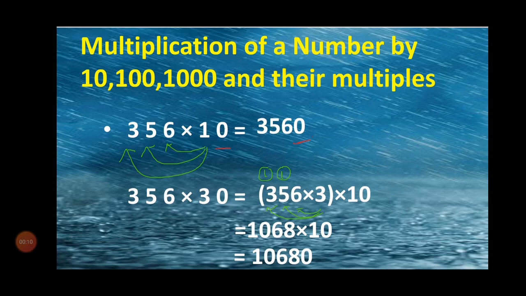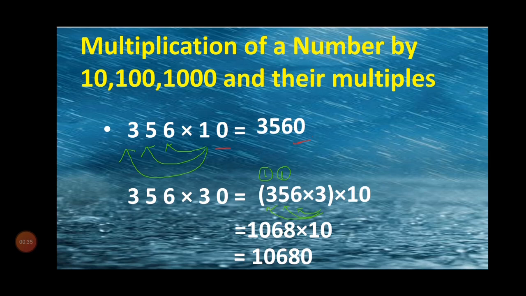Here 356 into 10 is given. While multiplying, you have to leave the 0 alone. So we are going to multiply by 1 alone. 356 into 1: you have to multiply from the 1's place onwards. So 1 into 6 how much? 6, write it at last.